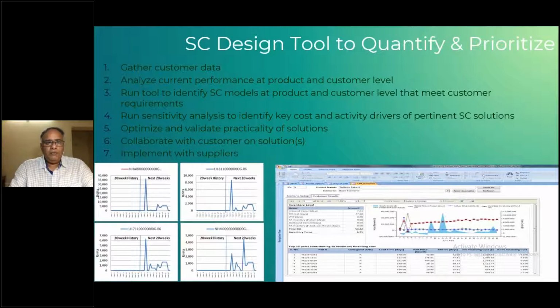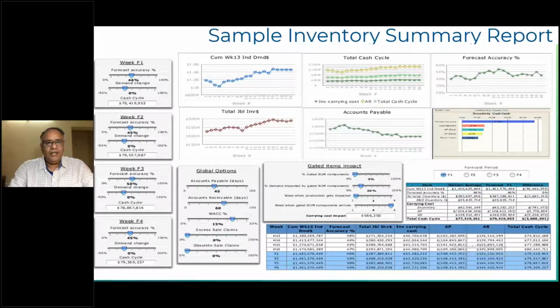Moving to the next slide, we'll talk more about the inventory summary report. As I was saying, inventory is a key factor for any working capital hold-up. On a week-on-week basis, in the left chart you can see the first, second, third and fourth week of every month, and how the forecast accuracy is moving, like 46%, 45%, 50%, 45%.